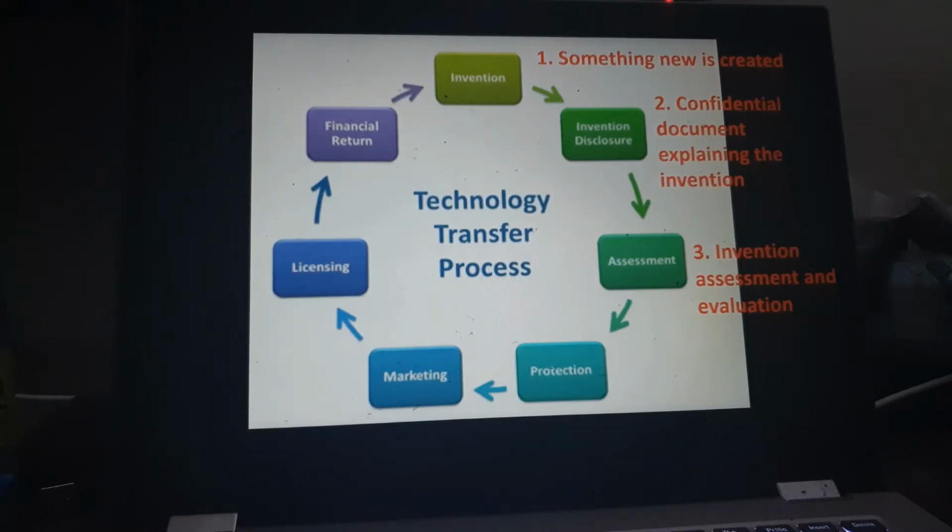So the invention is assessed and evaluated. Is it really an invention? Is it really new? Because there are criteria that are used to say, yes, it's new or not. For example, is it adding value?